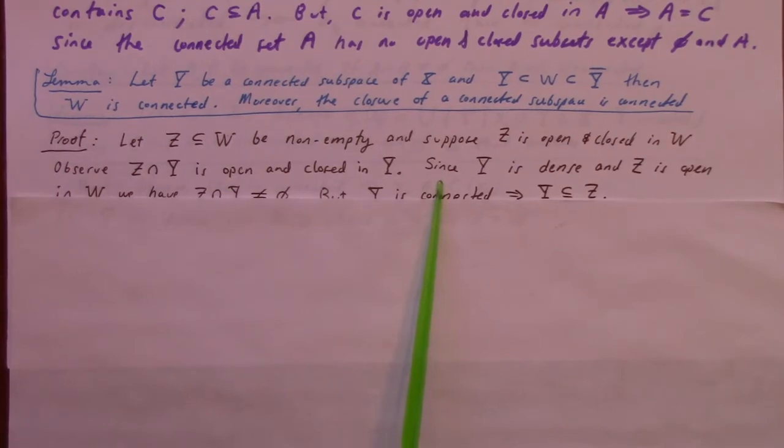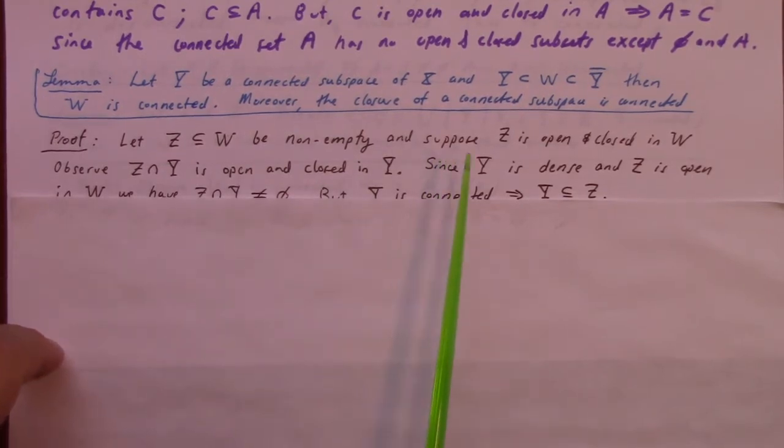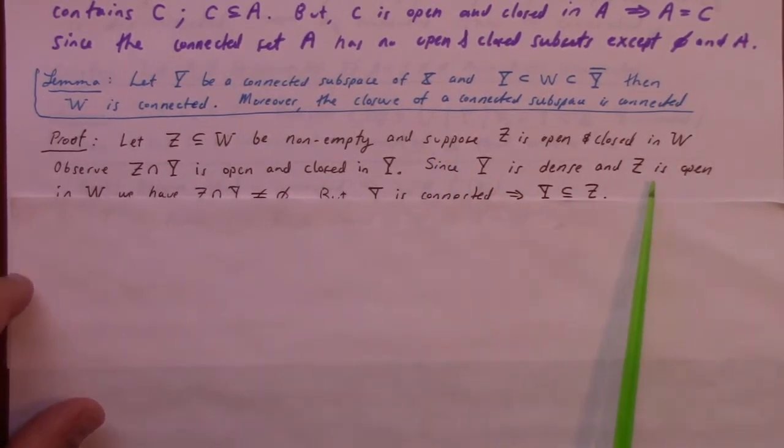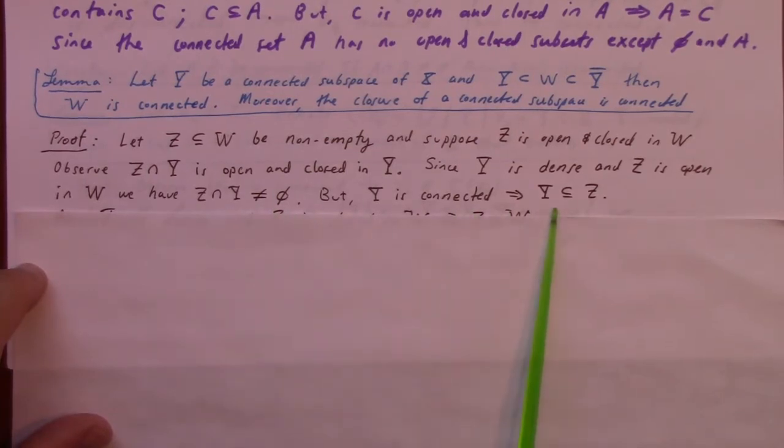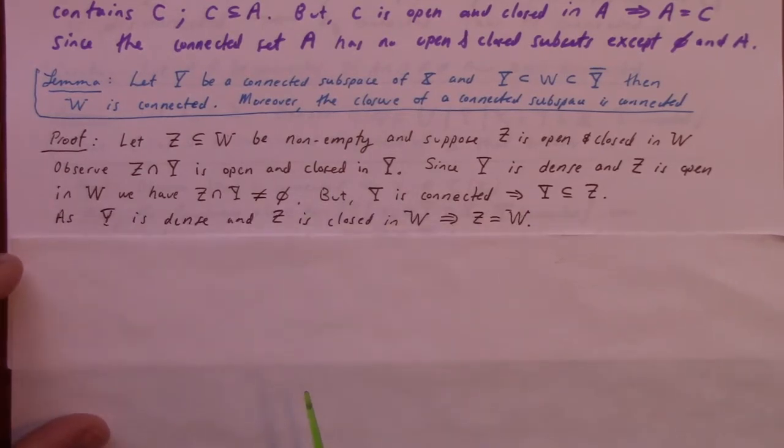I guess it's because Z is contained in the closure of Y. And Z is open in W. We have that Z meets Y somewhere, but Y is connected, so Y is a subset of Z. But as Y is dense in Z, it's closed in W, which means Z is equal to W.